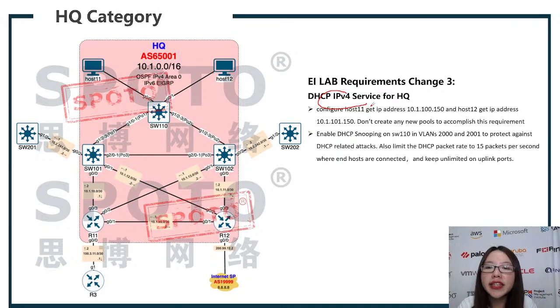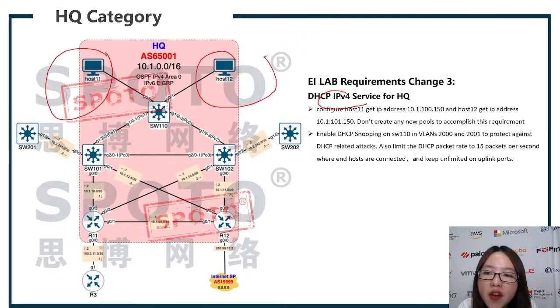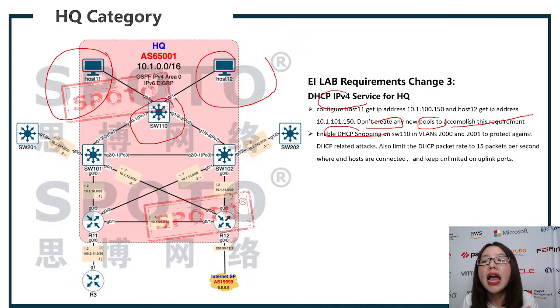Okay, so let's continue. In this part, we should configure host 11 and host 12 so they can get IP addresses. Don't create any new pools to accomplish this requirement. Second, we should enable DHCP snooping on switch 110 in VLANs 2000 and 2001 to protect against DHCP related attacks.